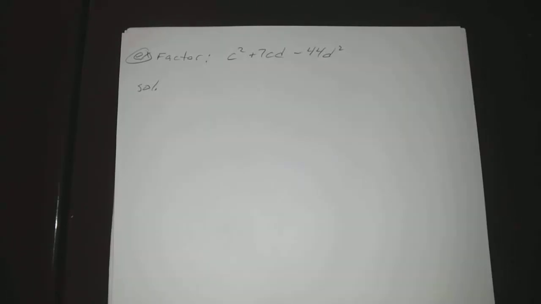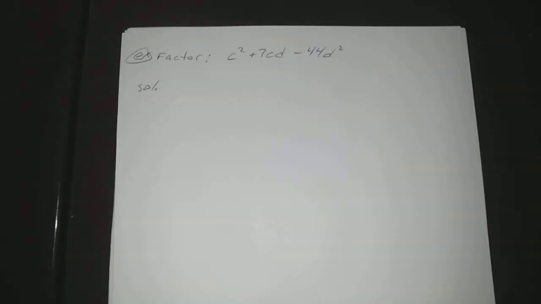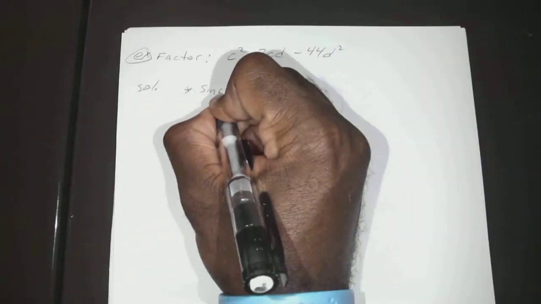Okay. Now, whenever you have a squared variable in the first term and the last term, then you can kind of skip it throughout the process. So I'll show you what I mean.